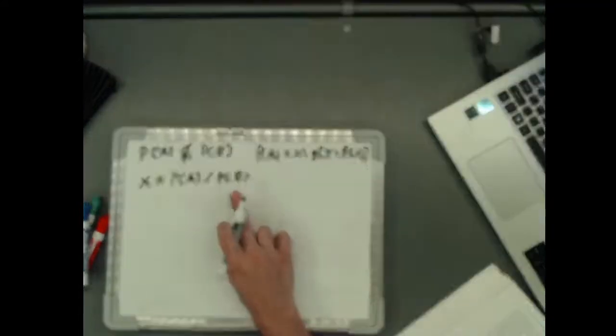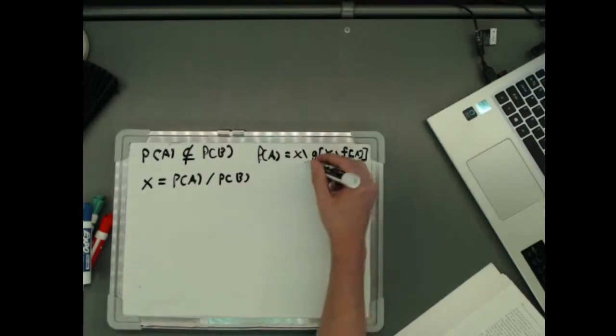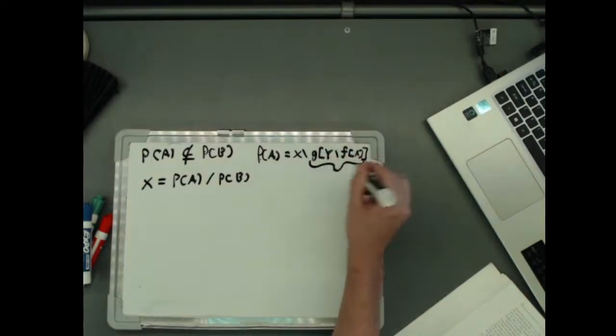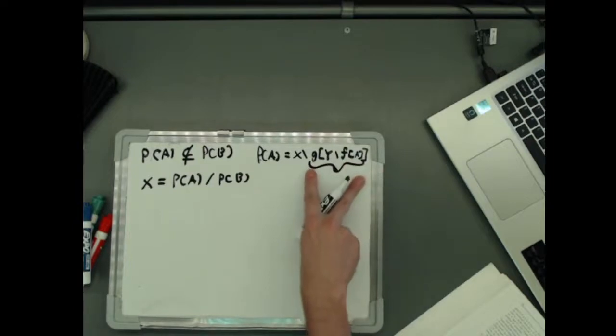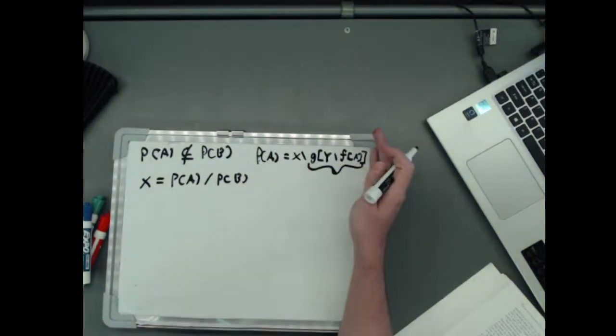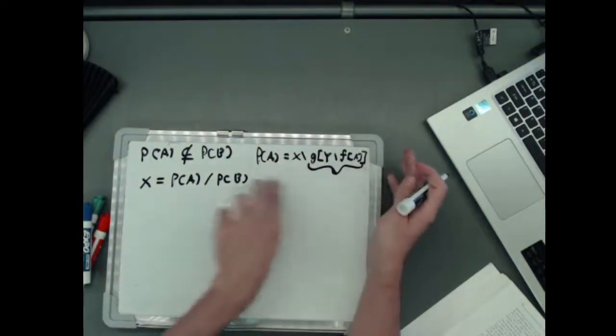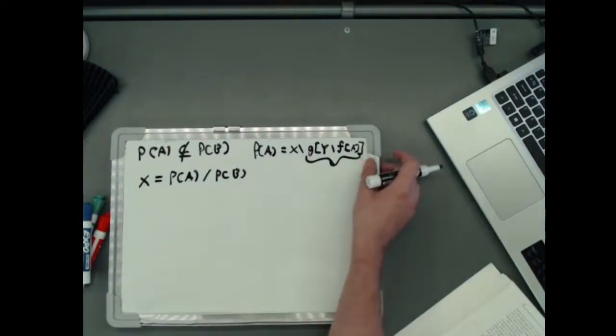If X is not in P of B, that means it is inside this little section of the function. I'm trying to think of a word for it.